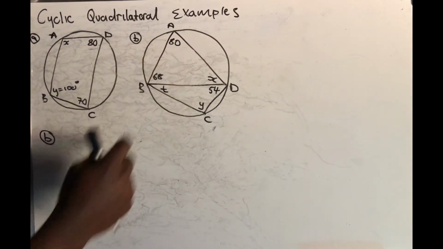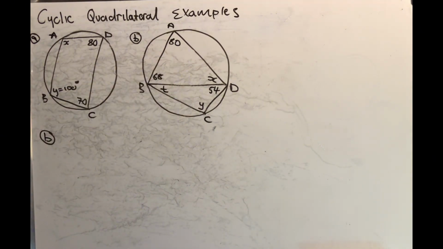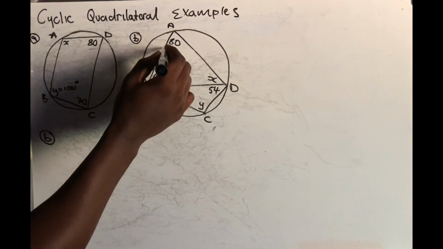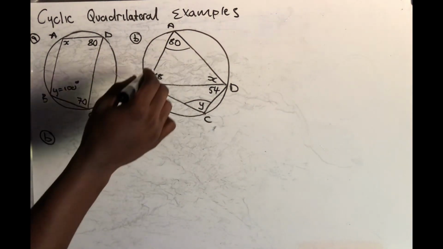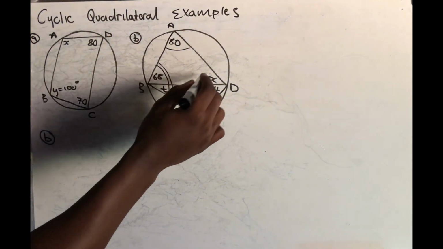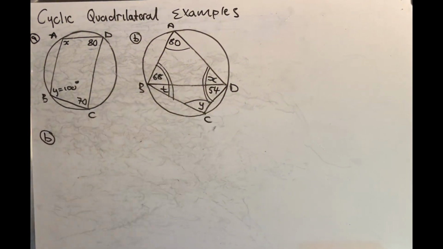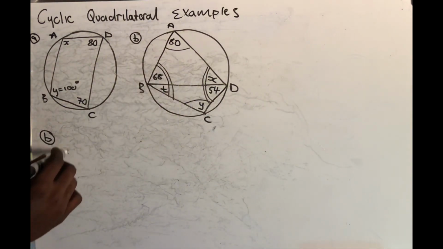So the opposite angles of a cyclic quadrilateral should add up to 180. This one and this one should add up to 180. This one and this one also should add up to 180. Let's start with the value of y.